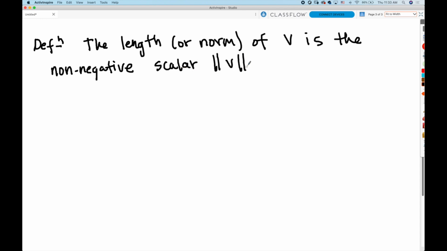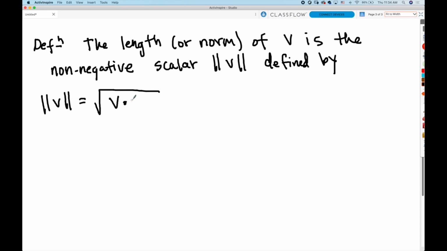It's written as v with two vertical bars beside it. So my definition, my norm of v, or my length of v, is equal to the square root of v dot v. We can also say, if we square both sides, the length squared is equal to v dot v.